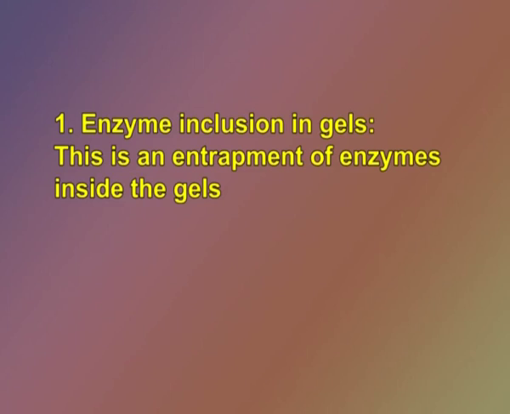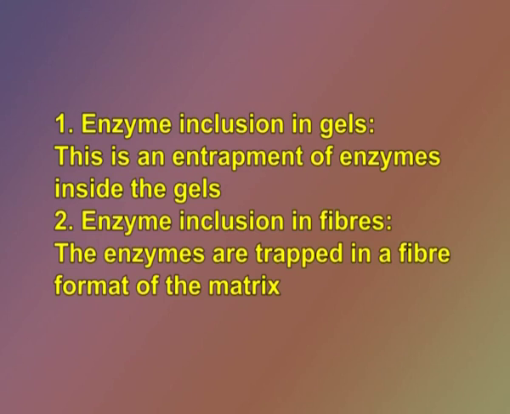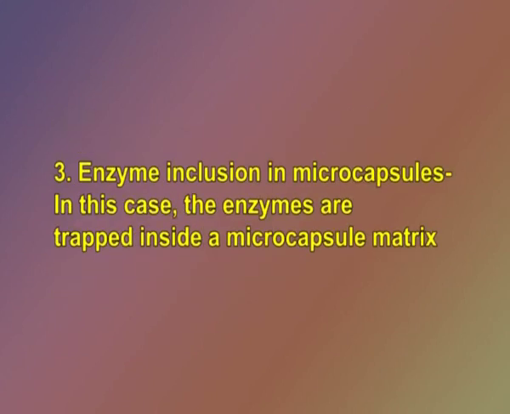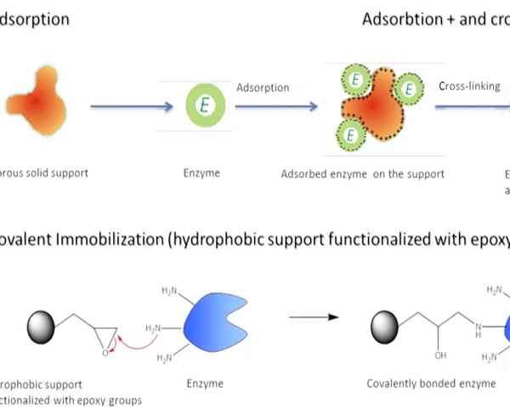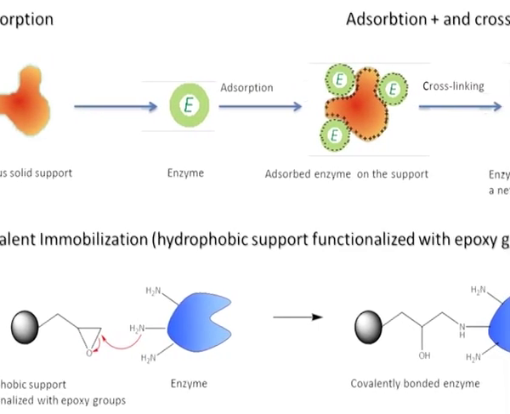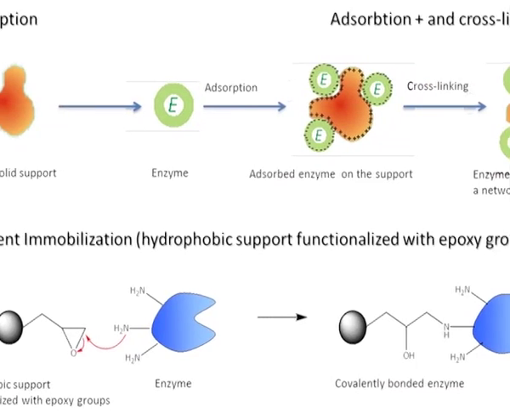This is an entrapment of enzymes inside the gels. Second is enzyme inclusion in fibers. The enzymes are trapped in a fiber format of the matrix. Third, enzyme inclusion in microcapsules. In this case, the enzymes are trapped inside a microcapsule matrix. The hydrophobic and hydrophilic forms of the matrix polymerize to form a microcapsule containing enzyme molecules inside.